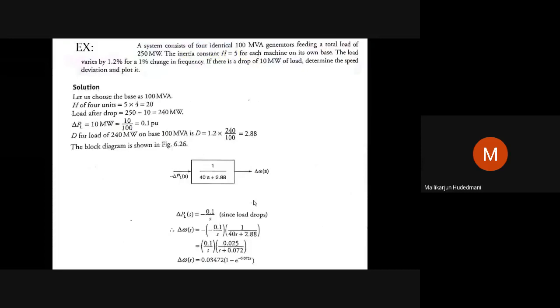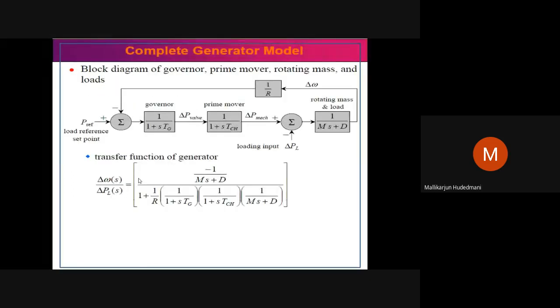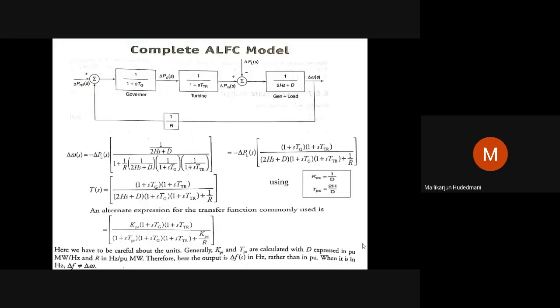So these are the problems I wanted to show. Okay, just a minute, I will show that equation and go back. Here, 1 by 2HS plus D. This is my requirement, the transfer function of the plant. I am trying to get this, which has 2HS plus D in the denominator.